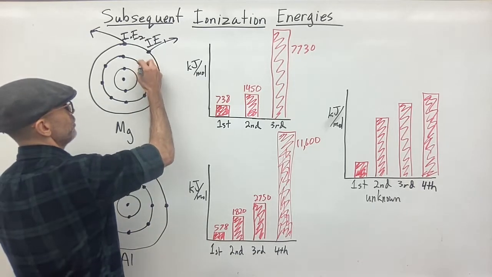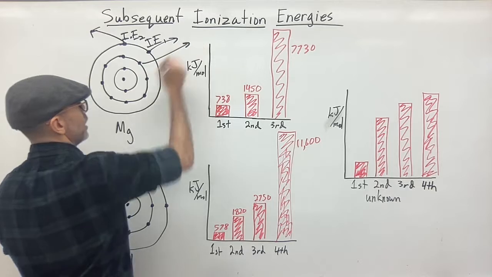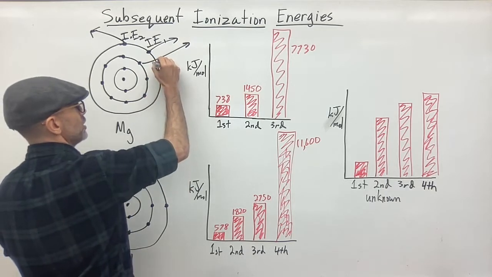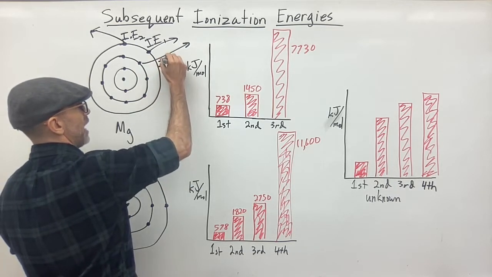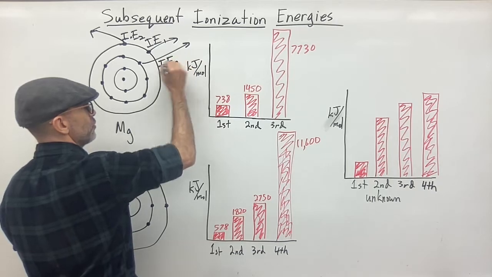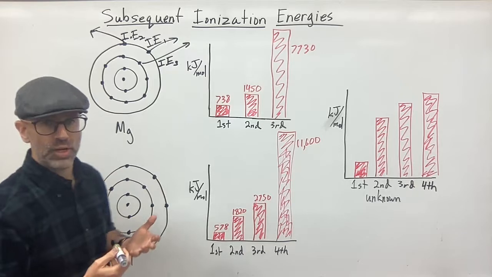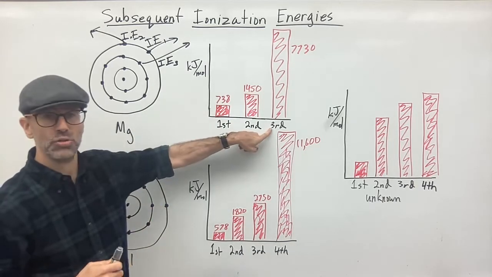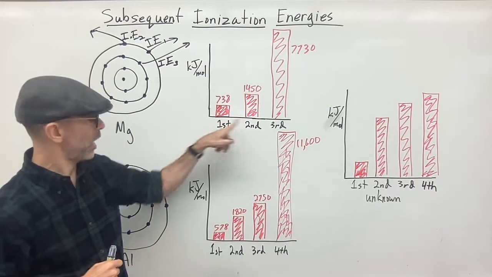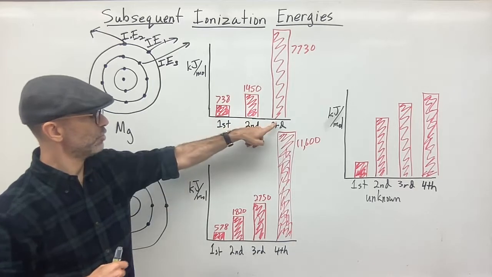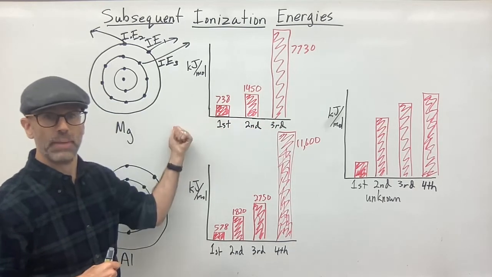So that electron gets removed, and the energy it takes to remove it is the ionization energy 3, IE3, the third ionization energy. What we notice is it takes a huge amount of energy relative to these two to remove that third electron for magnesium.